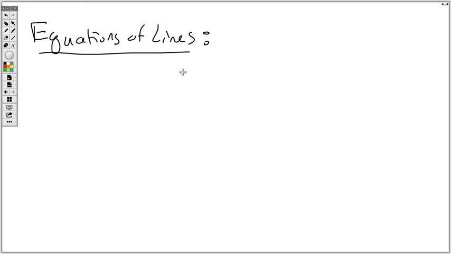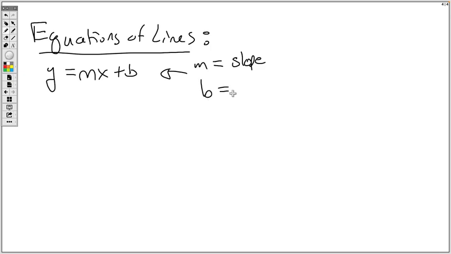What's the classic? Y equals mx plus b. And in this scenario, the m is the slope. And the b is the y-intercept, the point 0, b. So this is a handy formula. If you're given the line, you get your slope and y-intercept, you can build your line.